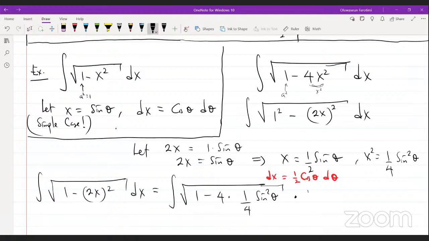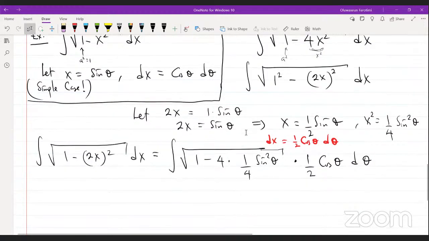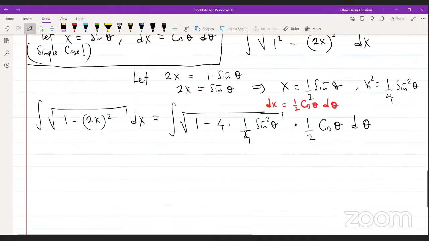So this is times 1/2 cosine of theta d theta. I need you guys to pay attention, because at the level of trigonometric substitution there's a lot you need to do, but it's a very simple process, guys.